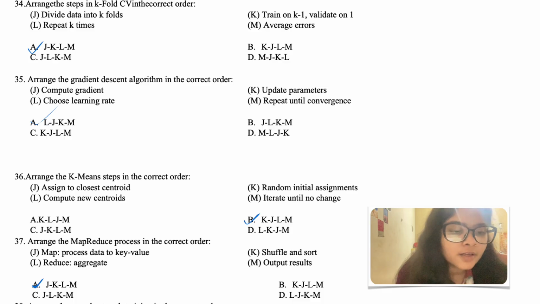So option B is correct, which is random initial assignment, then assign to closest centroid, then compute new centroid, and iterate until no change.